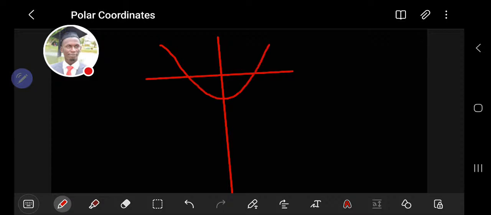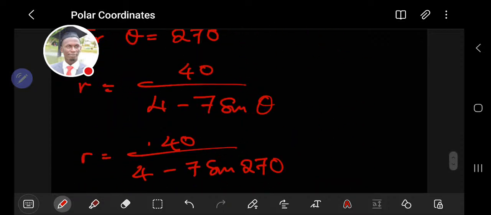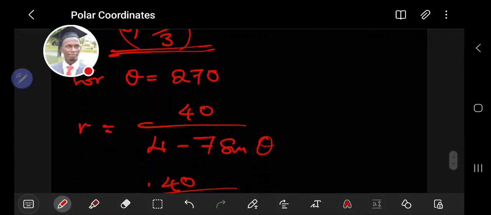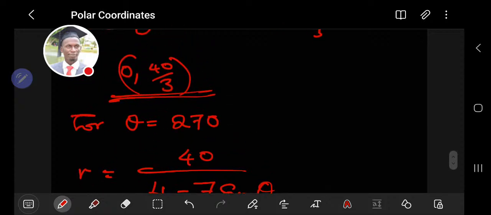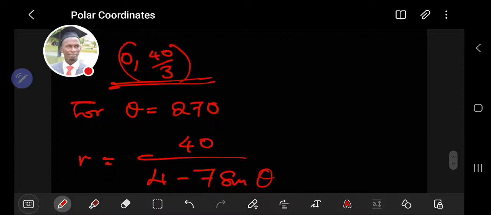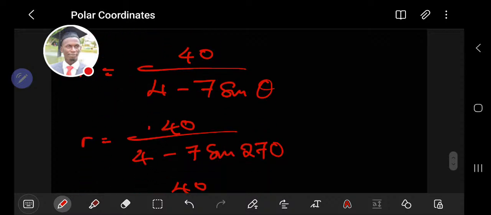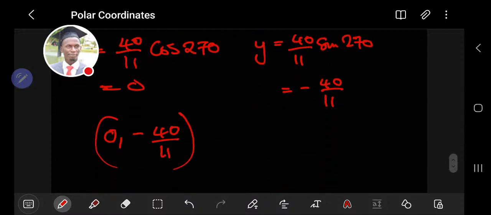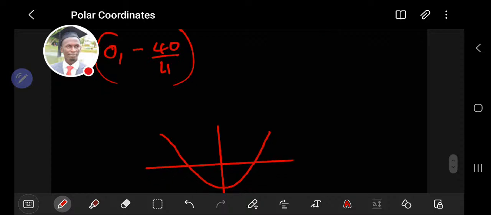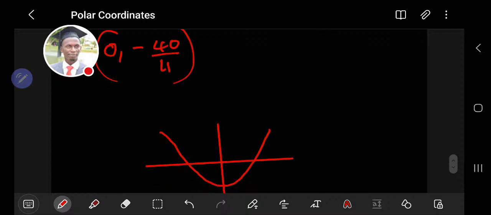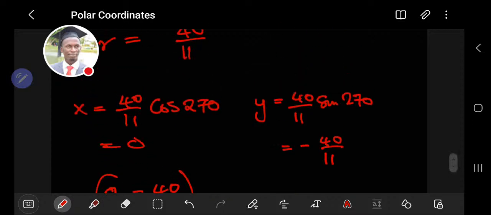Because, check this, if this is the conic, we know that being a negative, the main one opens up. So the other vertex was at, what was that? 0, we had 0, 40. The other one is 0, negative that.